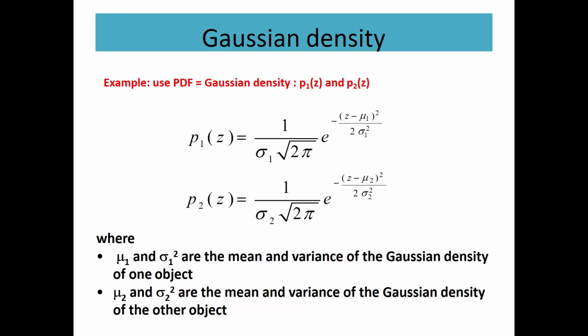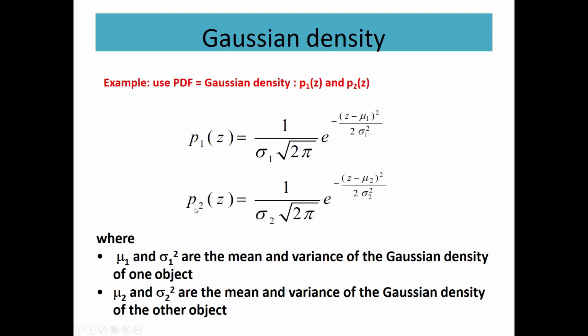So now we are going to try to solve this problem. For that we must know p1 and p2. So we are considering a Gaussian probability density function. So p1(z) is equal to 1 upon sigma1 root of 2 pi, e to the power minus (z minus mu1) square divided by twice sigma1 square.